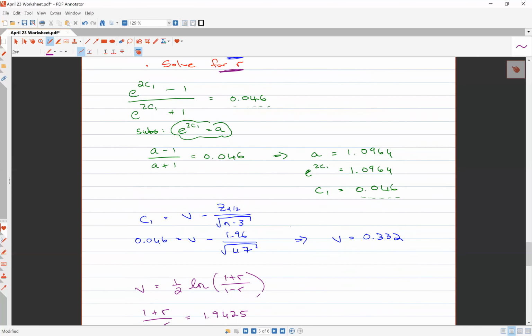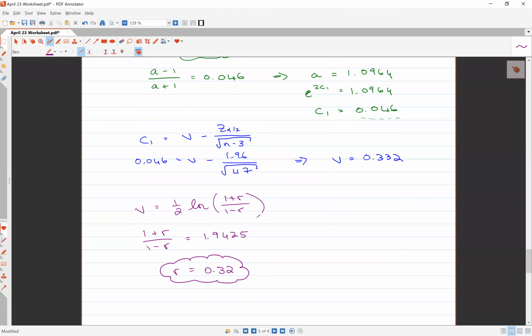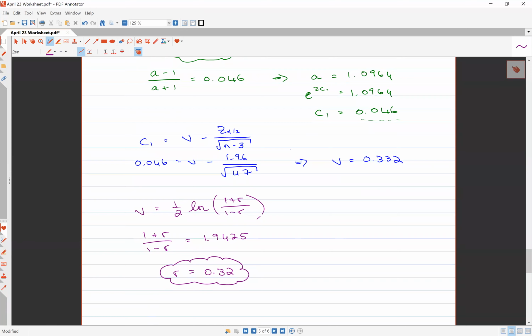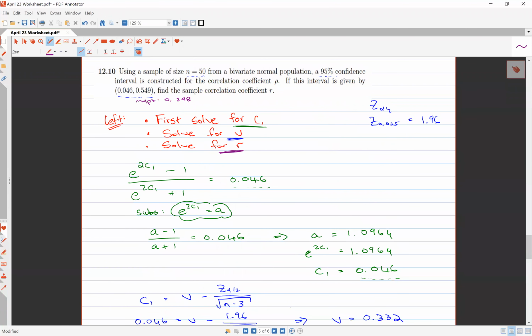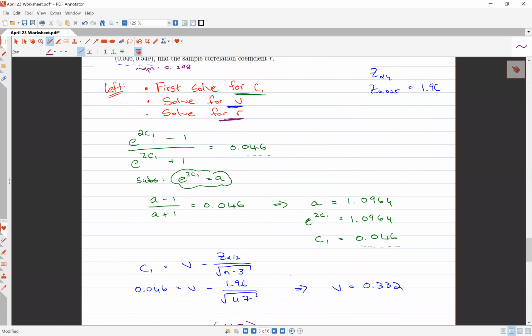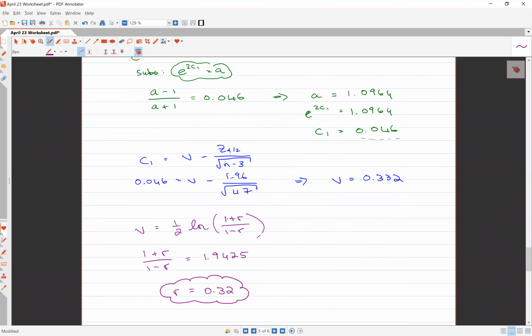So you can see taking the midpoint puts you a little bit off. And the further the interval is away from 0, the more the discrepancy will increase between the midpoint of the interval and what the correlation coefficient is.